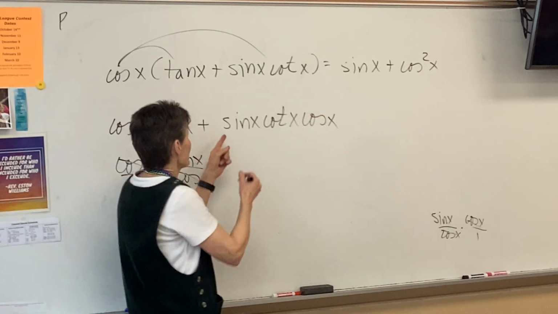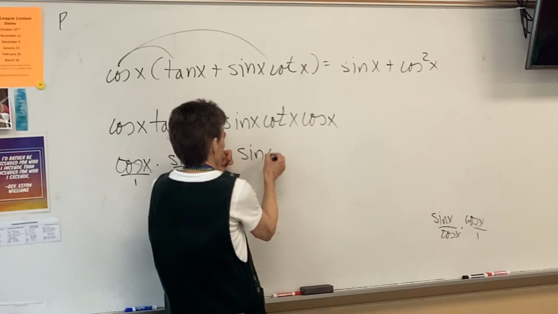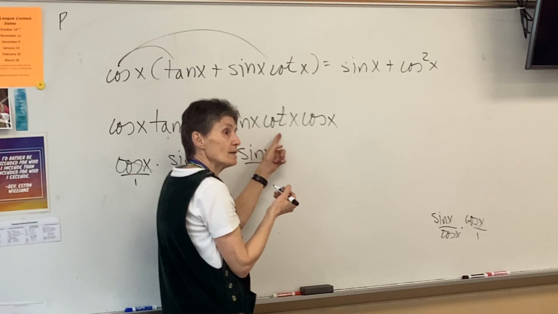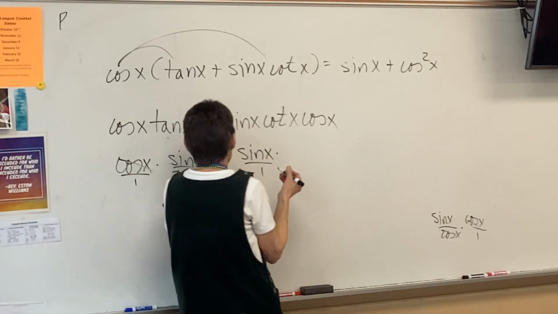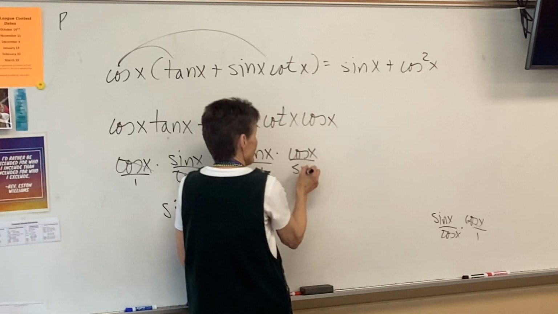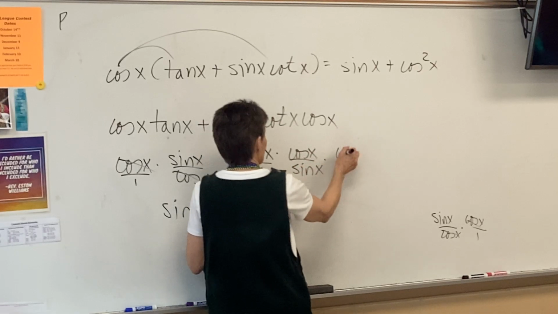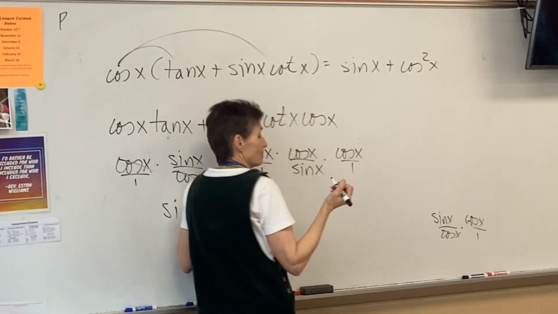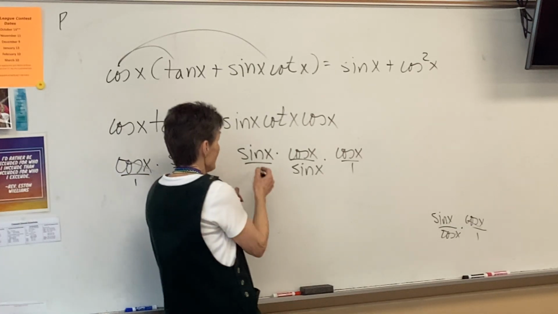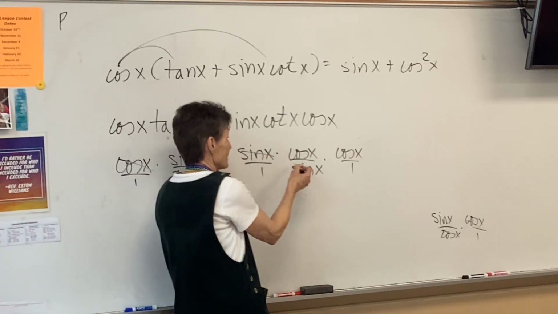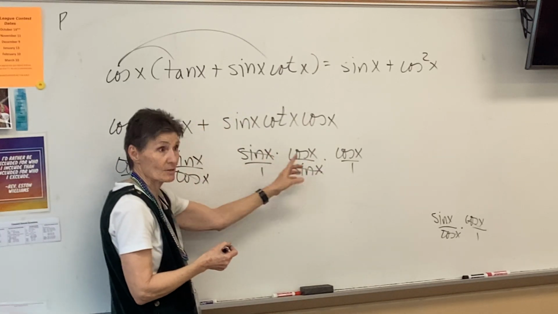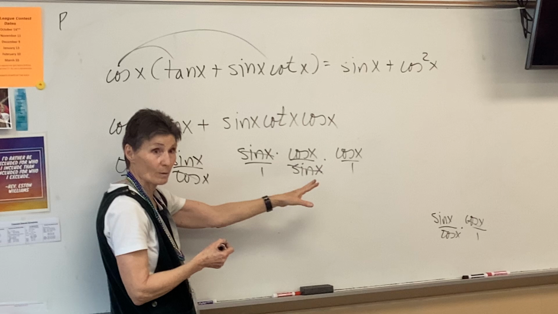Now, I'm hoping like heck that this ends up being cosine squared. Let's see. Sine is sine. What's cotangent? Cosine over sine. The cosines do not cancel because they're both in the numerator, but the sines do.